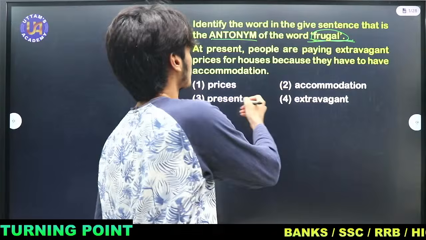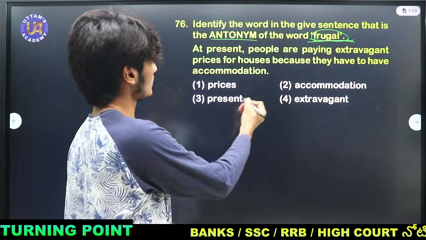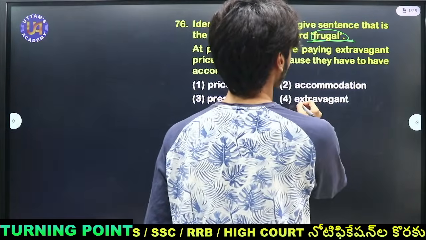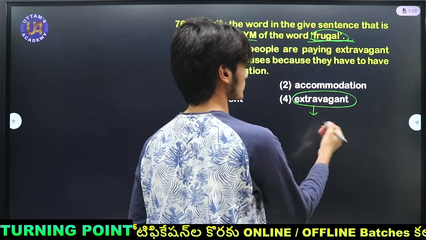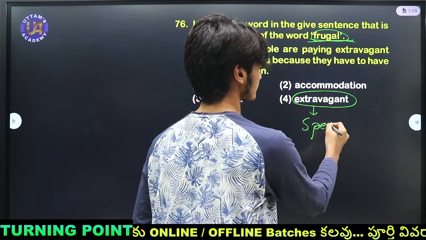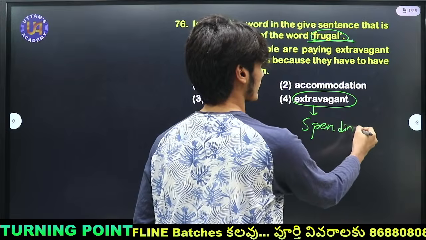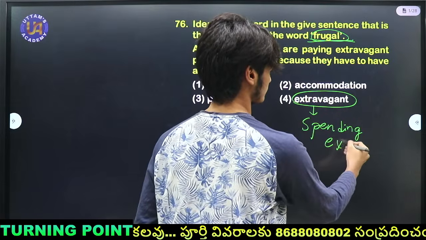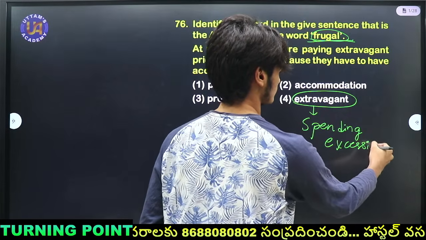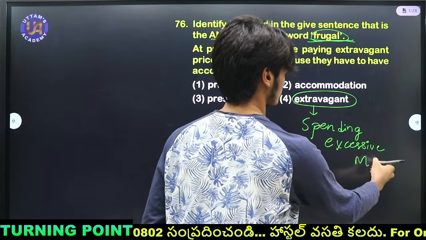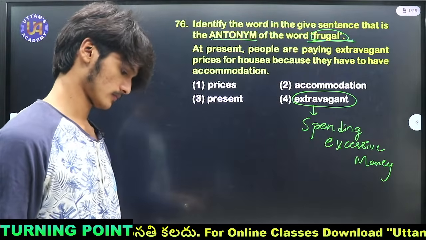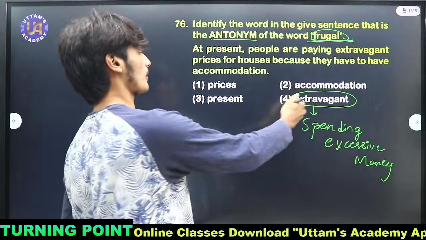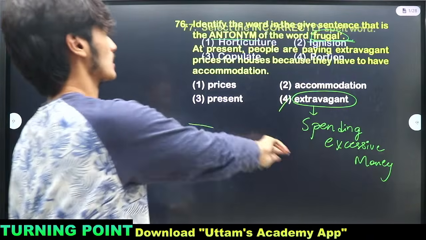Among these four options, prices, accommodation, present and extravagant, the word extravagant means spending money without knowing how much you are spending, spending excessive money. So option 4 is the antonym of the word frugal.